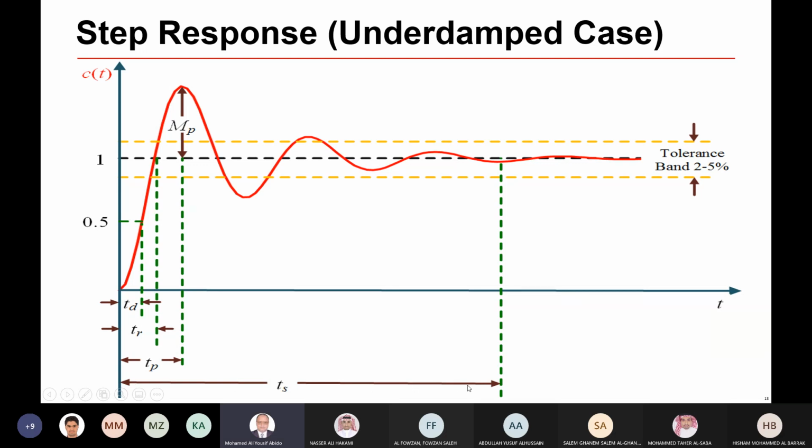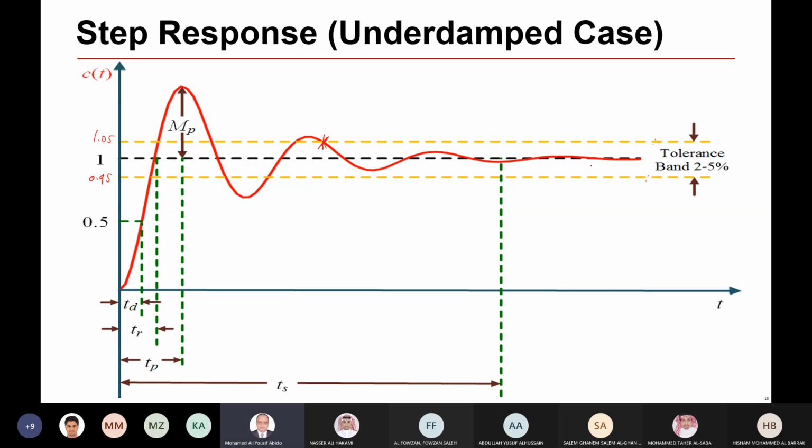The settling time is the time where the response goes into a tolerance band of 2 to 5% and stays there. If this is 5% around the steady state, this is 1.05 and this is 0.95 of the steady state. So the system response is going up and down, and then at some time it enters the bounds of plus or minus 5%, and stays there.